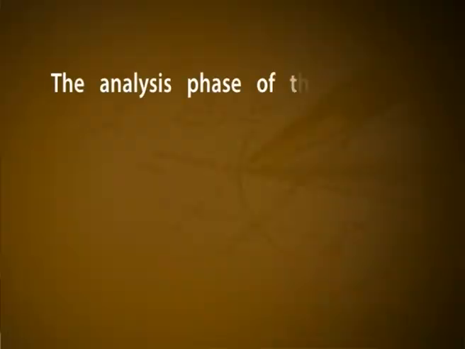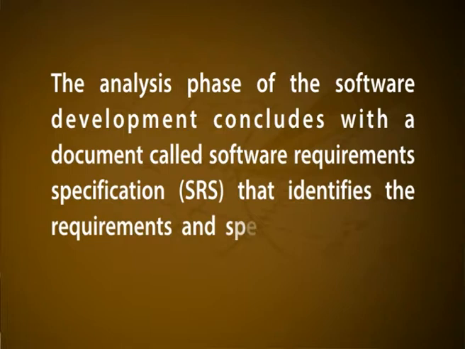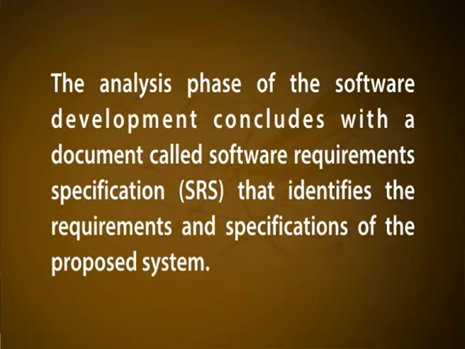Hence, the above requirement may be stated as: the system will not respond until an approved 8-digit password has been typed at the keyboard. The analysis phase of software development concludes with a document called the Software Requirement Specification, or SRS, that identifies the requirements and specifications of the proposed system.